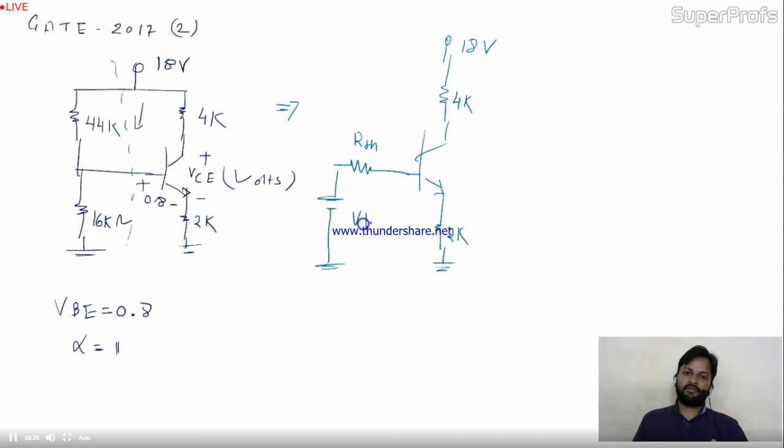How to find this VTH? VTH is the voltage across 16K, since the voltage is going to divide.